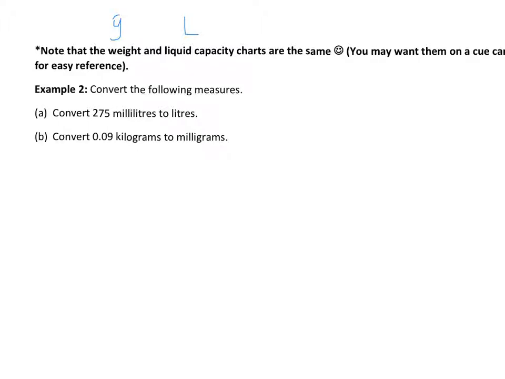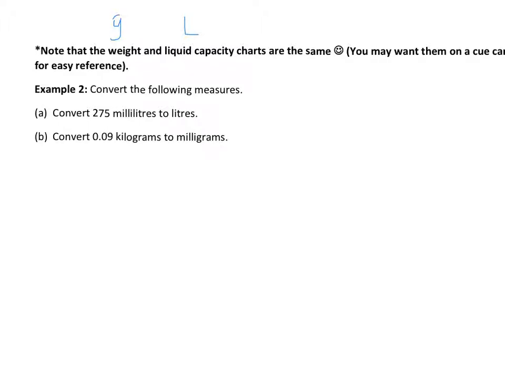But again, kilograms, kiloliters, and centigrams and centiliters are all part of the same system. So the prefixes are the same. So think about going up the staircase to divide, down the staircase to multiply, and you're moving the decimal place as many times as the number of steps that you're taking.